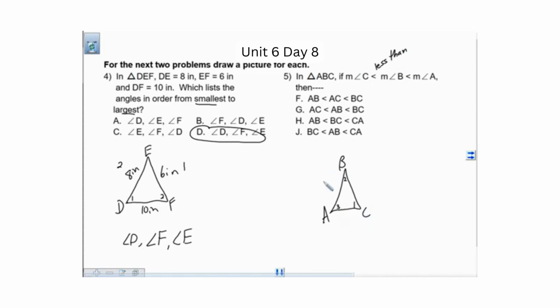This means that AB is our smallest side, BC is our longest side because it's across from our largest angle, and AC is our middle length side because it's across from the middle-sized angle. So AB is our smallest one, BC is our largest one. And that gives us F.